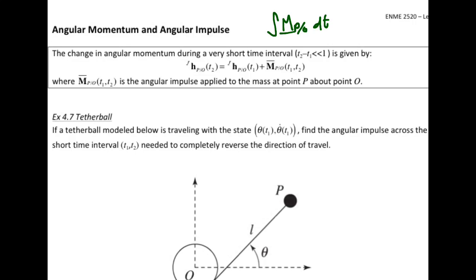This is where the moment of P with respect to O is going to be r of P with respect to O cross with all the forces at P. So this gives us a tool to vary force P in an impulsive way to create an impulsive moment, or an angular impulse.